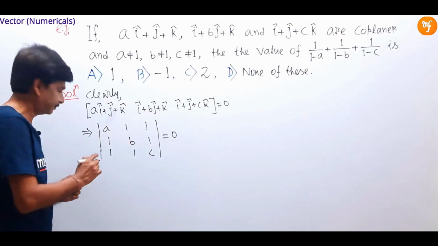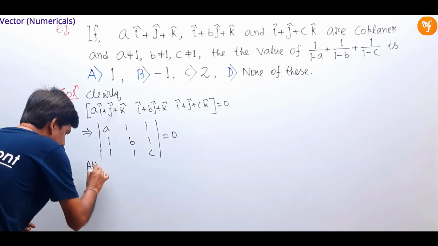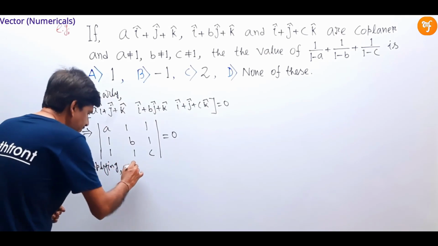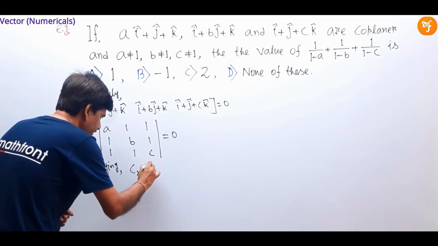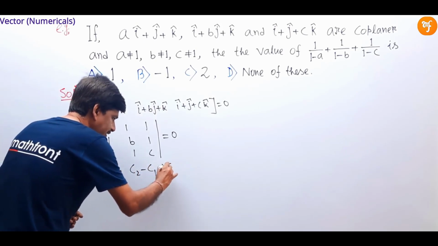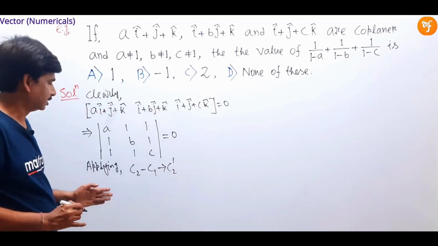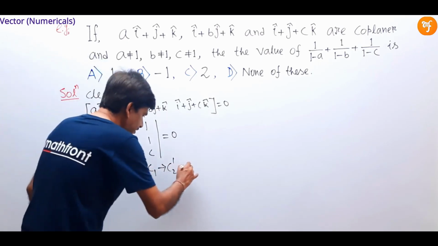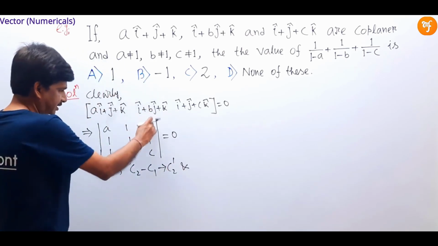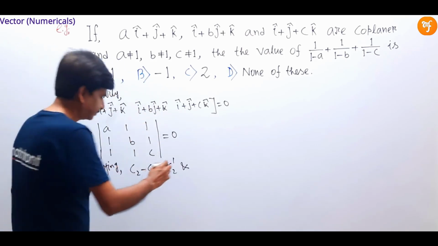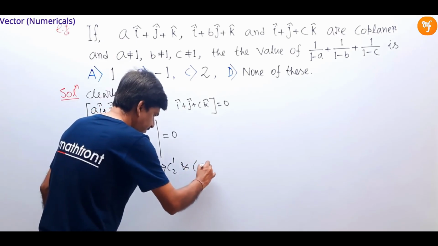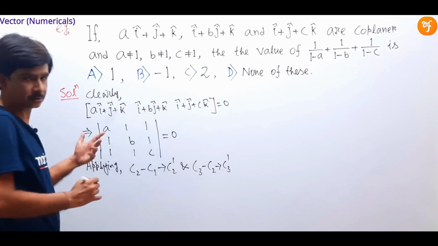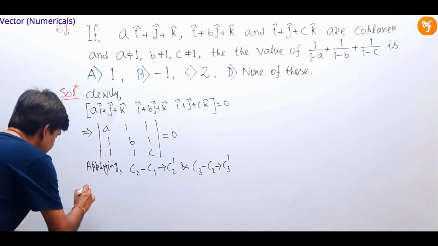We can apply C2 minus C1 in C2 dash, and we can apply C3 minus C2 in C3 dash. So what do we get?